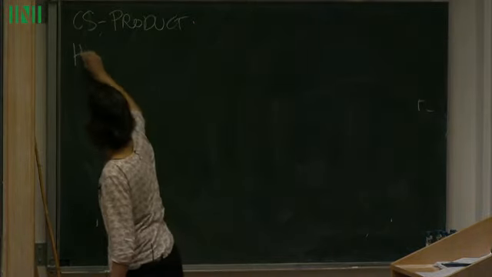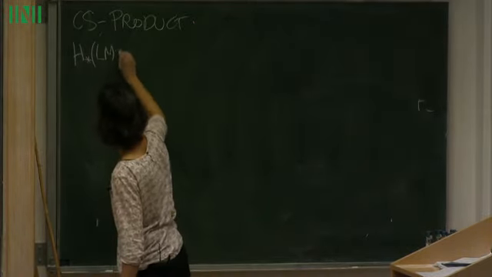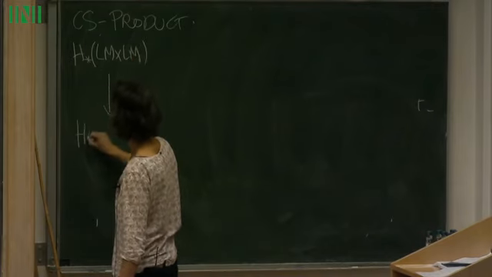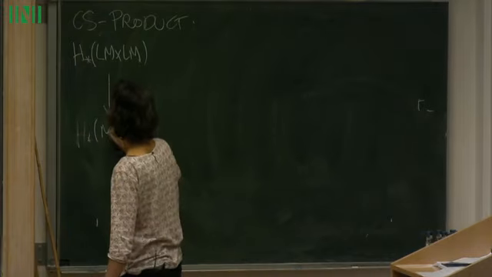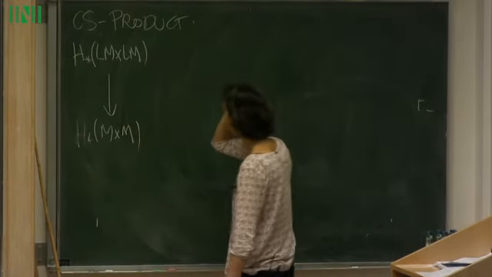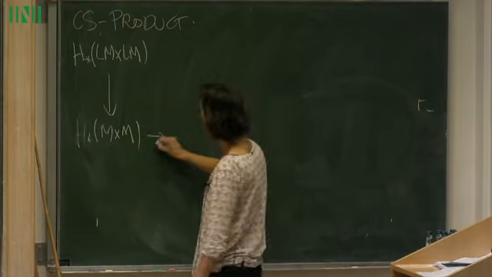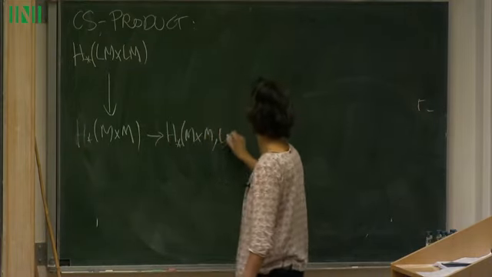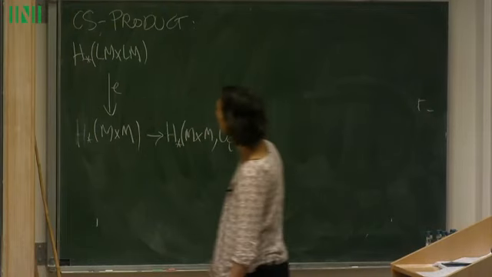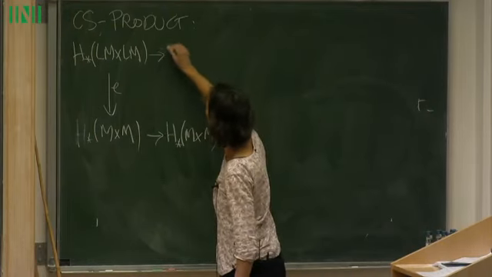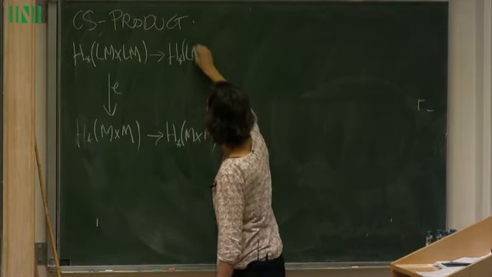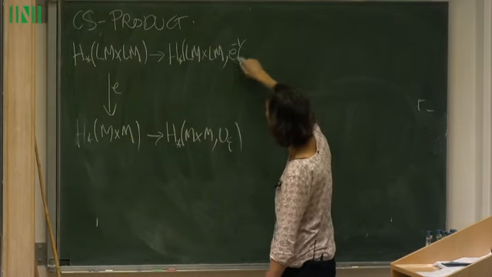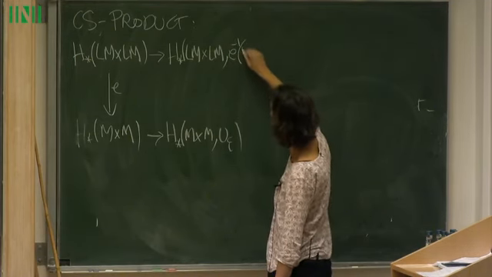Well, you have the homology of Lm cross Lm mapping over M cross M. When we did the intersection product, we went to M cross M relative to this U epsilon, but let me call this map E. Well, I can go to Lm cross Lm relative to E inverse, the inverse image of this U epsilon.